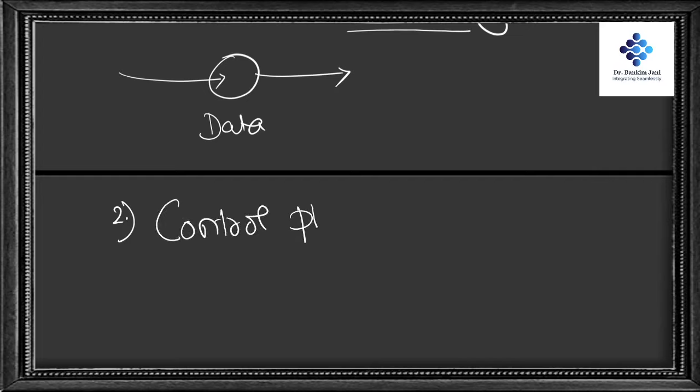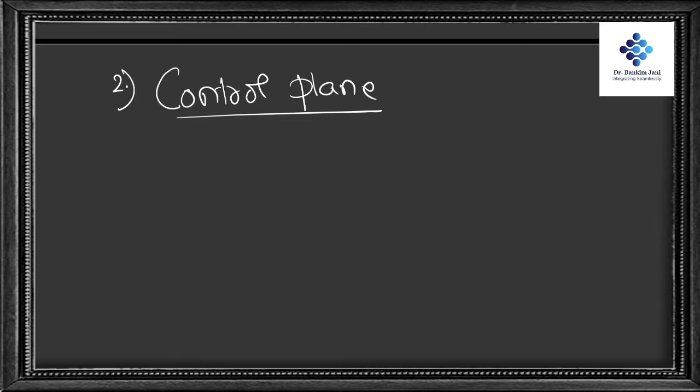Now what is control plane doing? Control plane is all those tables, right? Whenever we have to forward anything, we'll be utilizing those tables. So when the data comes, that device would look into the routing table and then take a decision whether I should forward it to router 2 or router 3.